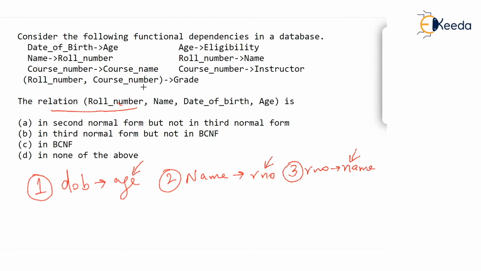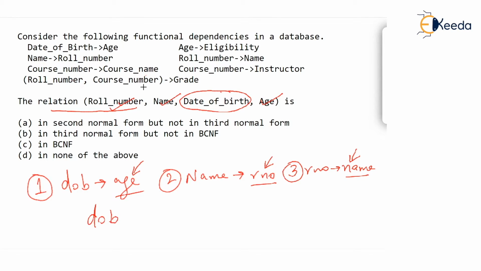Now you can see age is there on the right hand side, roll number is there, name is there. So roll number, name and age are there on the right hand side, but date of birth is missing on the right hand side. So that means none of the attributes can determine date of birth. That means date of birth surely should be part of the candidate key.